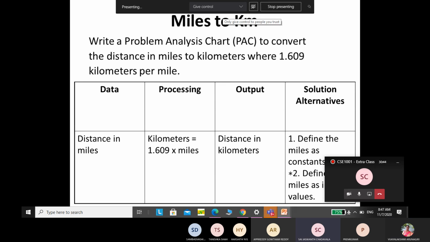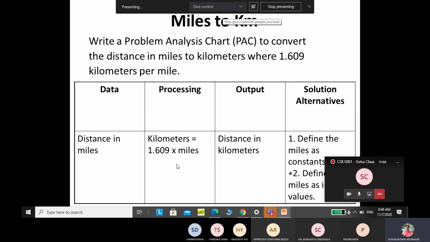So the input data is distance in miles, and the output is distance in kilometers. Processing is kilometers equal to 1.609 into miles. We'll get the answer. Clear? Yes, ma'am. Alternative solution means what?